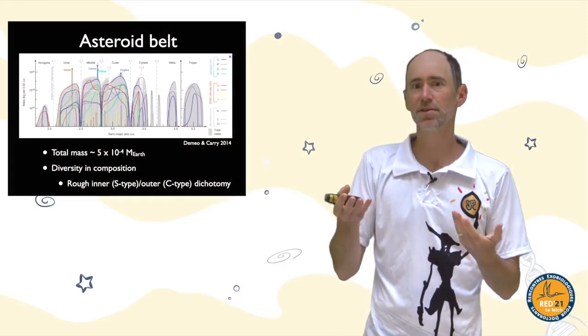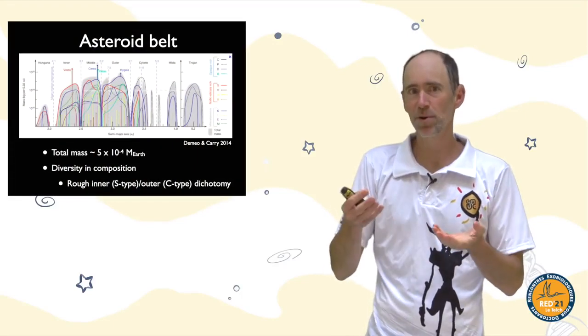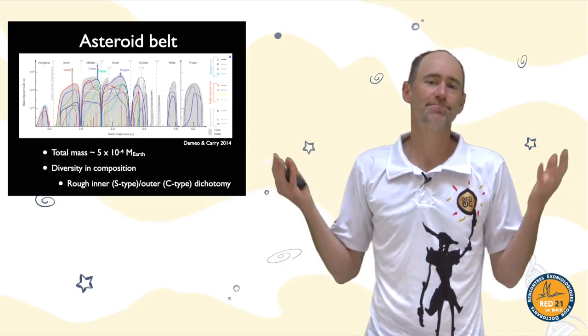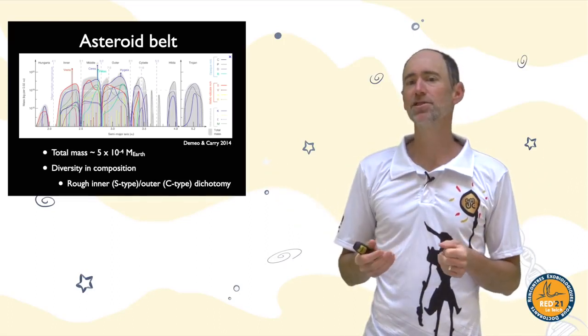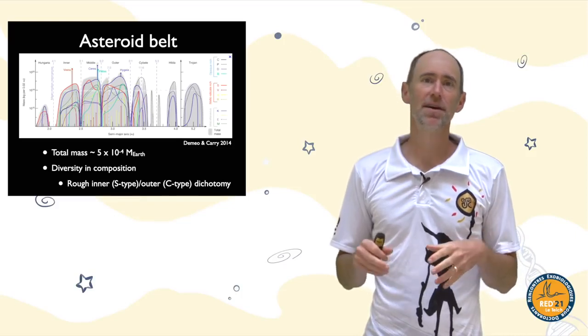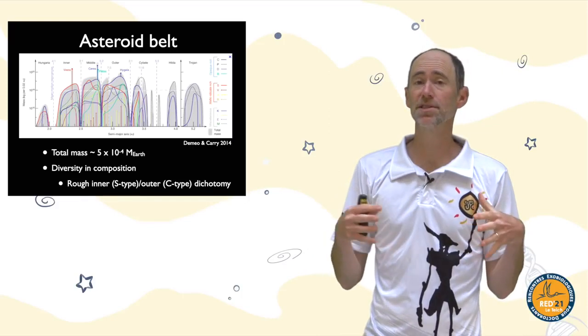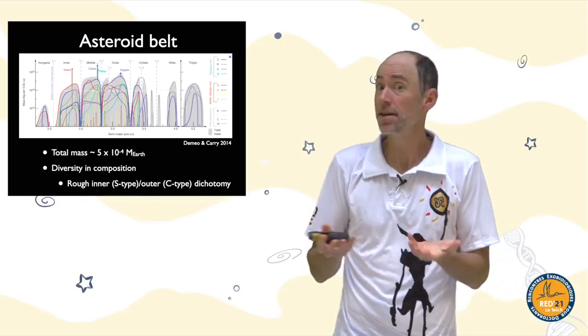Of course, it's a biased sample because it's the leftovers, and from a dynamical point of view, it's not the same stuff that ended up in the planet. But that's all right. So in terms of the asteroid belt itself, the details of the orbital structure and the compositional structure of the belt is another constraint.